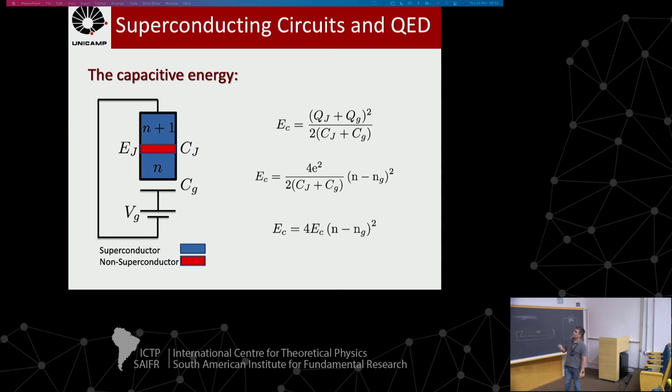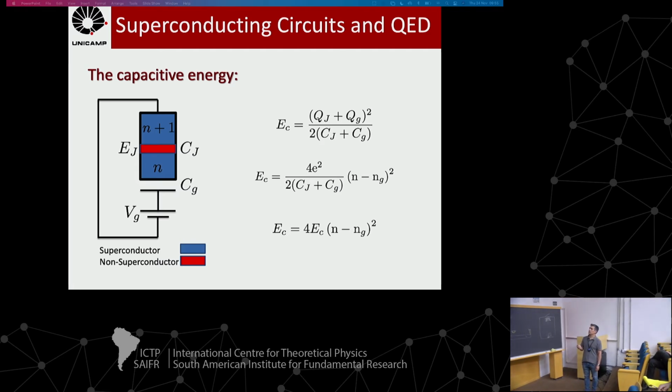And when you put in the charge you have in this island, because of this capacitor and that capacitor, you arrive at something like this: 2e squared (n minus ng) squared over 2 Cj.